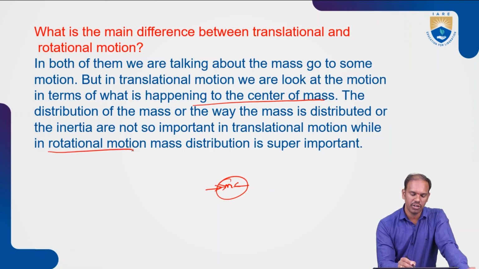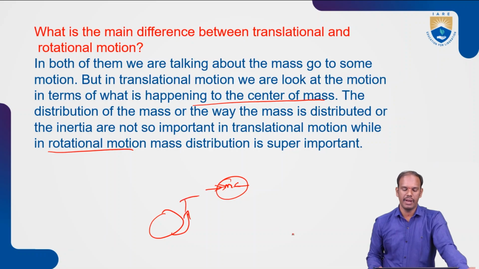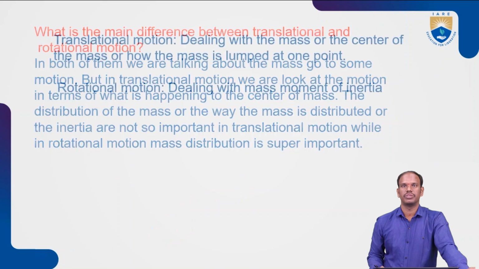Because of this, in rotational motion there will be torsional motion, right? So that is the difference between translation and rotary motion, right?